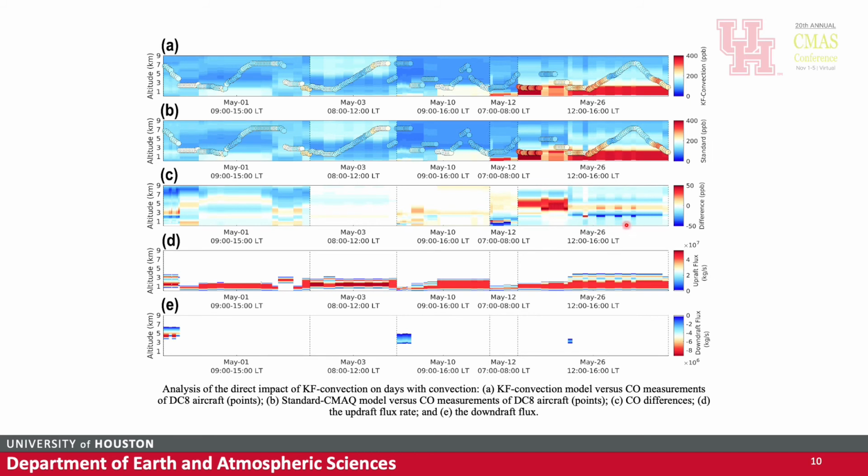And here you can also see that the impact is changing with the pattern of the updraft flux. In some days, the originating layer and ending layer of the updraft and downdraft flux are different, so the impact is different for those days, for example, for May 12th.